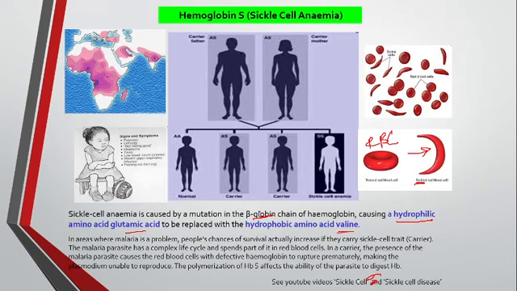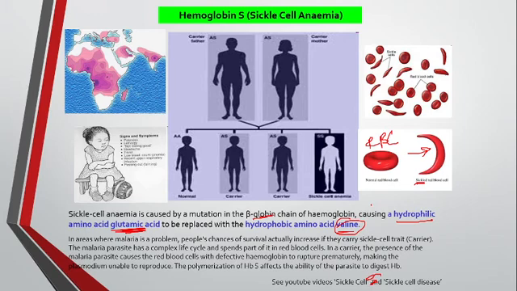That means the beta chain contains the hydrophilic, water loving glutamic acid, and this glutamic acid changes to the hydrophobic, that is water hating, amino acid valine. Due to that change, the shape of the normal red blood cell is going to change to the sickle shape. That's why this is called the sickle red blood cell.